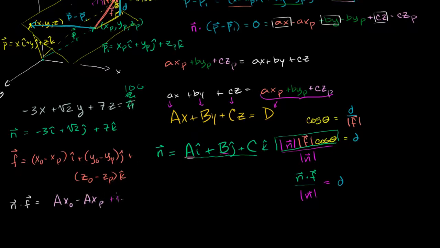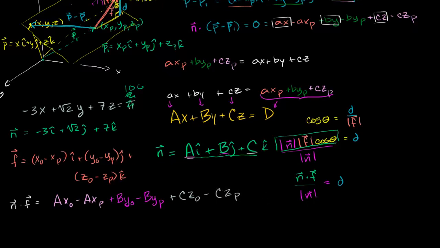So plus b y naught, I'm just distributing the b, minus b yp, and then plus c times the z component. So plus c z naught minus c zp, and all of that over the magnitude of the normal vector.